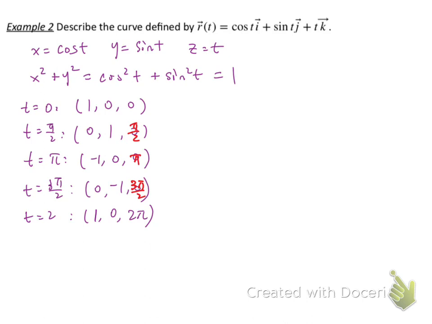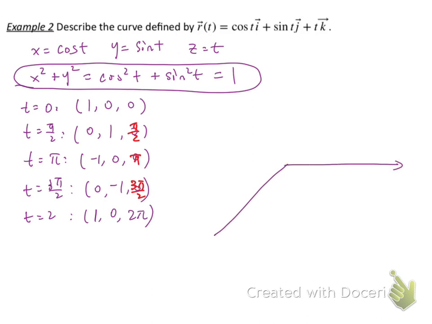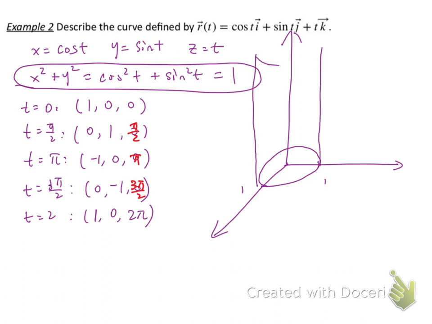So what happens is that your x and y coordinates are on the circle x squared plus y squared equals 1, but the z component gets higher and higher. So you have a cylinder like this.